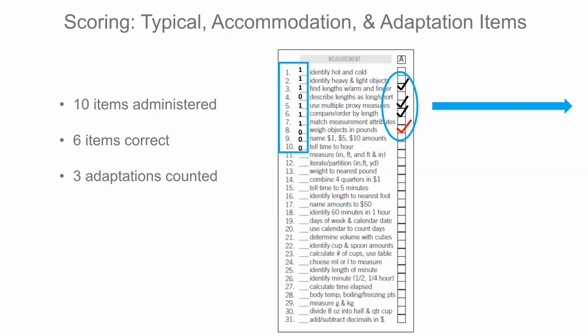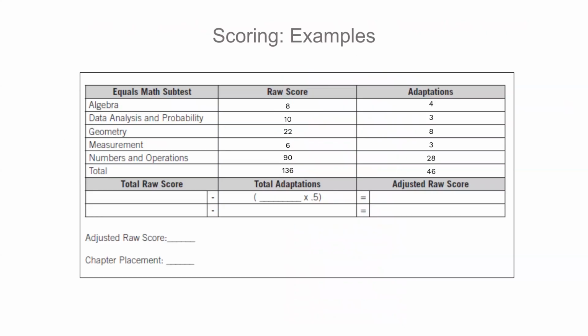So for this subtest, there are a total of 3 adaptations, the ones that you see the check marks in black. Record 3 on the score table for the measurement subtest. The amount of correct items assessed with the adaptation version are recorded in the adaptation column and totaled.